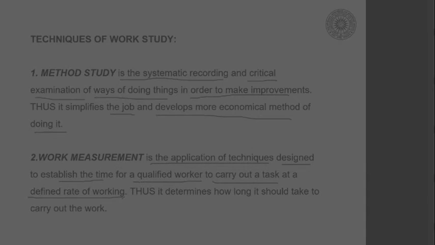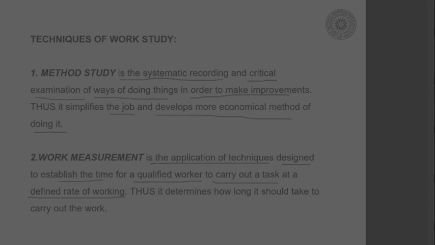If a qualified driver is there, he can run the vehicle at an established speed of say 40 or 50 kilometers per hour, depending on whether it's a crane driver or crane worker. So the standards are defined, and it has to be a defined rate of work.